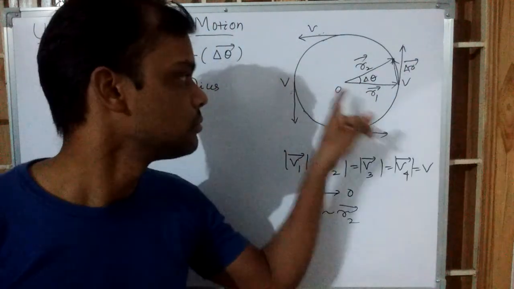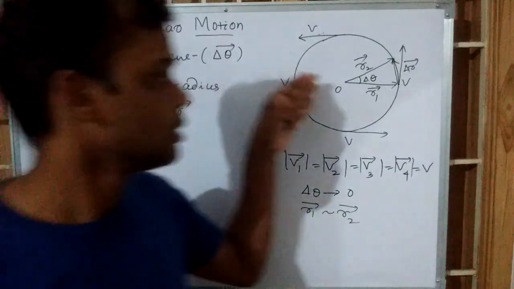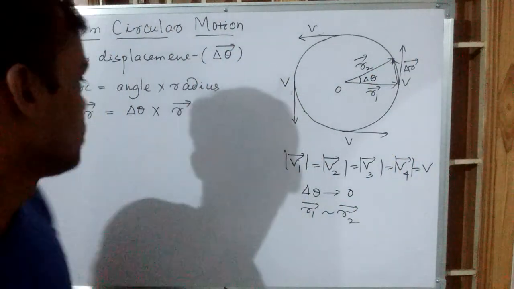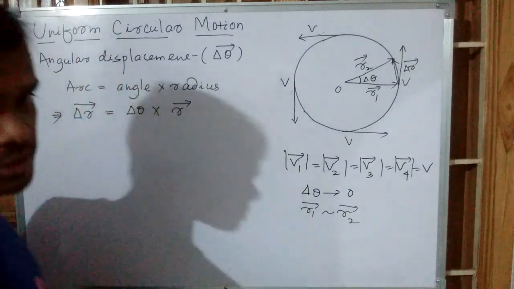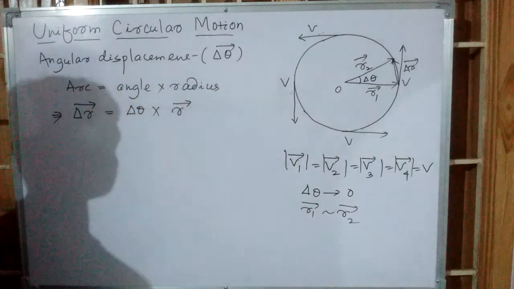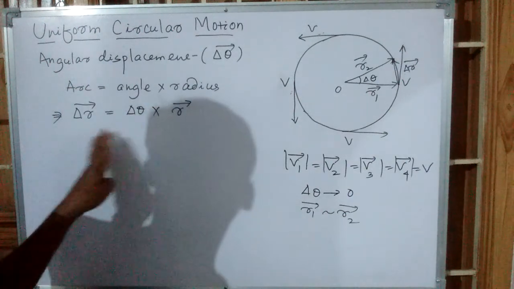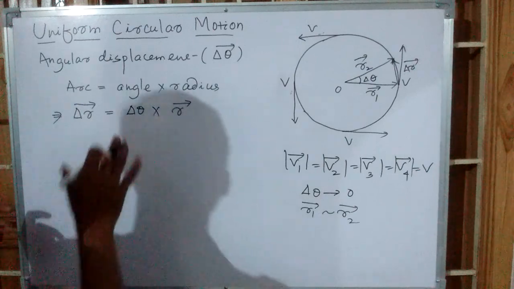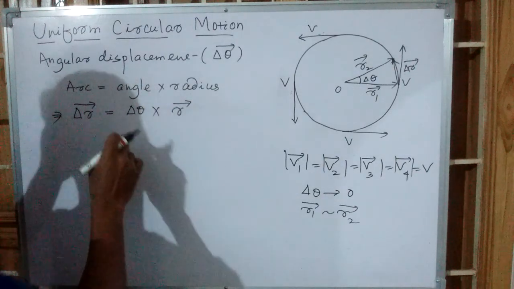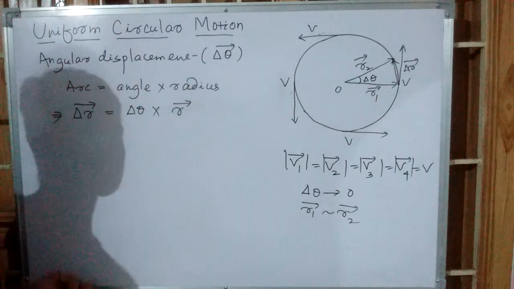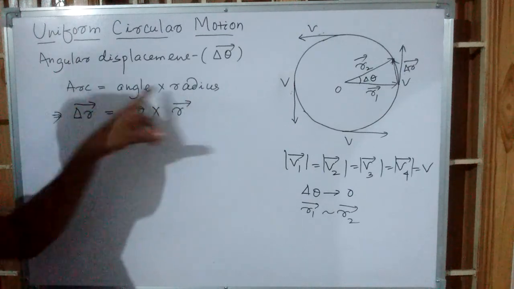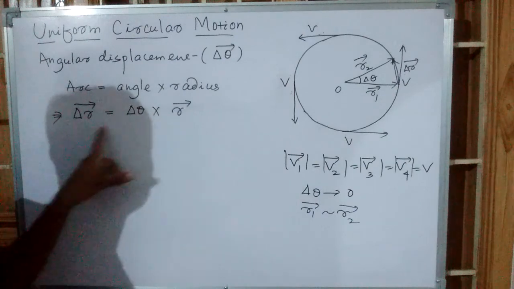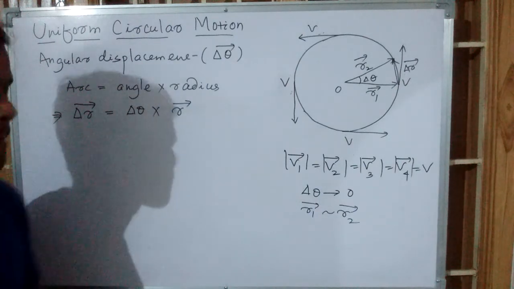R is along the x-axis, you can say. That means the angle between them is 90 degrees. So the direction is not the same. That means this relationship is not exactly accurate, so it is not perfect. You should change something. But this relationship is true, we have derived it. Then what is wrong with this expression?